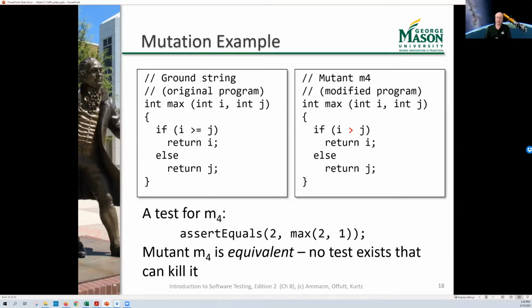So we return the same value either way. So there's an example of an equivalent mutant, and it's a pretty simple example, but I think maybe it starts to open your eyes a little bit to, oh, maybe it's not so weird that mutated programs can actually be equivalent.